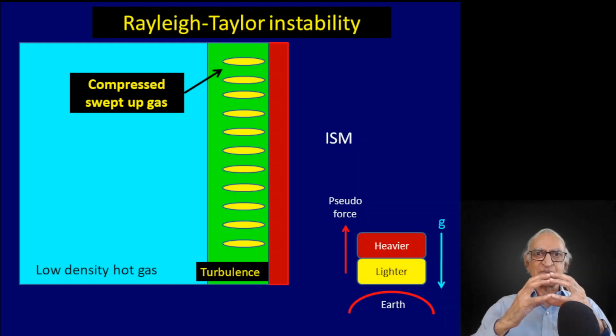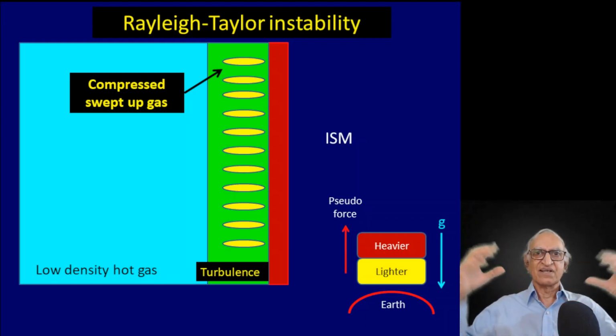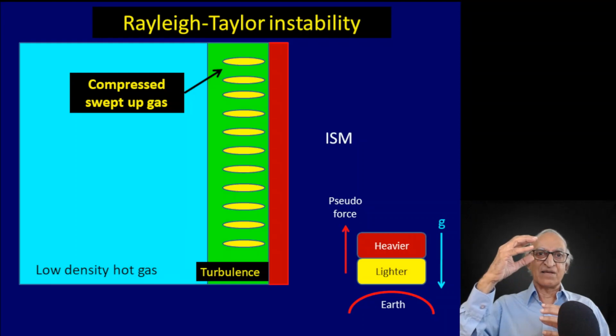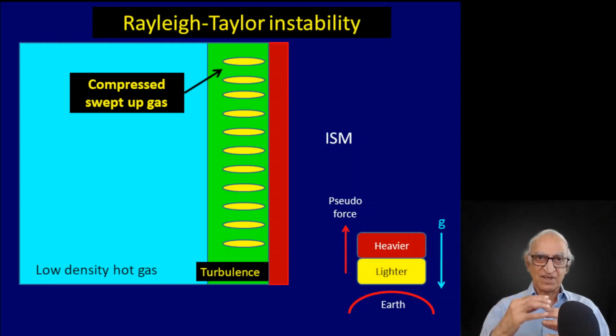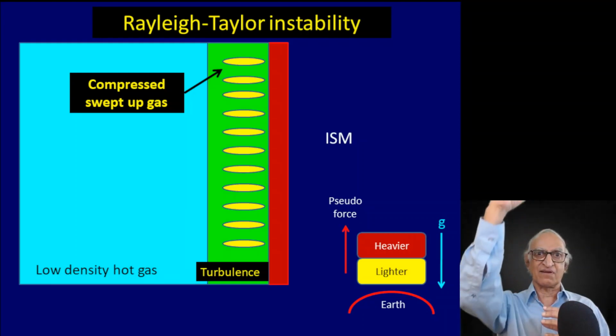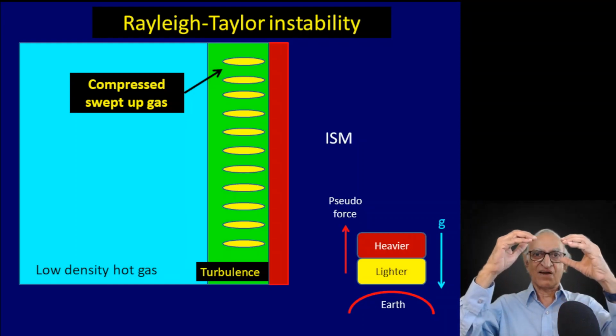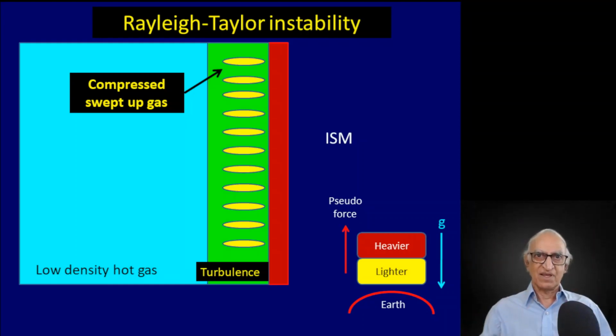And the density profile of the atmosphere is given by the Boltzmann distribution, e to the power mgh over kT, which gives you a density profile where the heavier elements are lower in the atmosphere and lighter elements are higher in the atmosphere. And this is what you would expect in hydrostatic equilibrium.